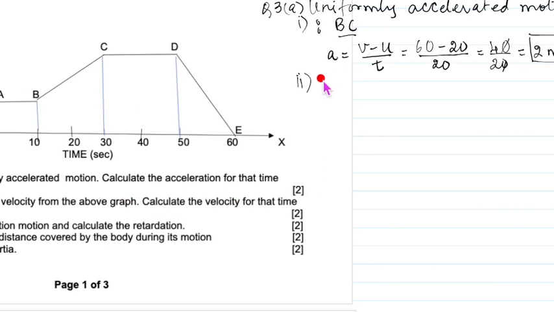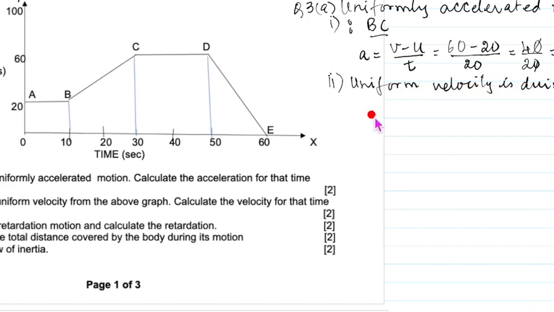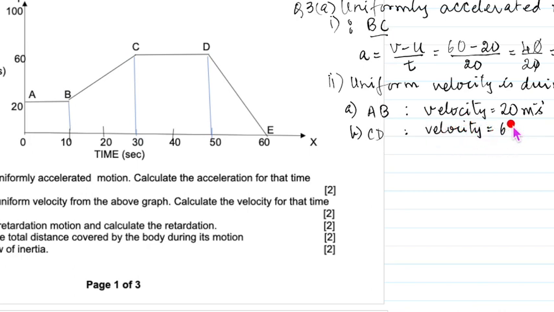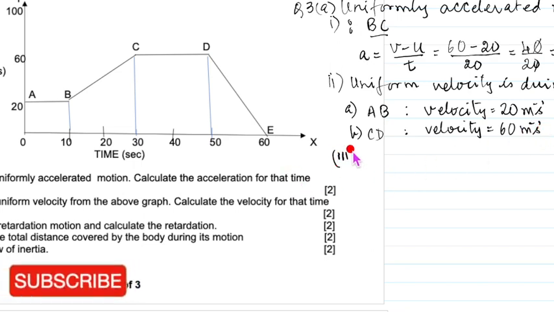So we will write uniform velocity is during AB and CD. Now at AB the velocity is 20 meter per second, and for CD it is uniform velocity of 60 meter per second.